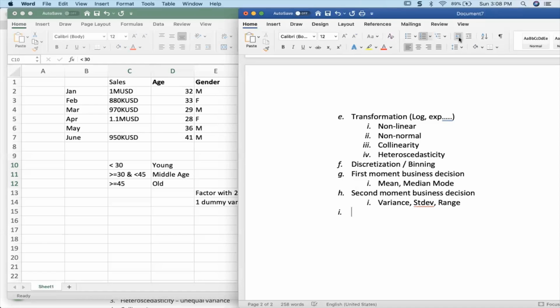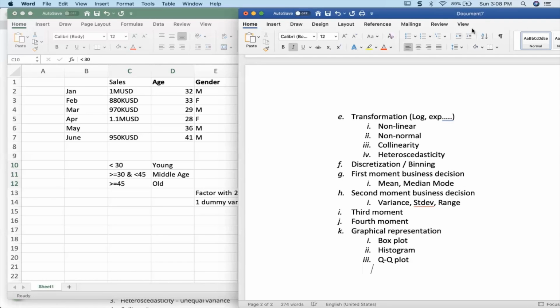Then third moment, then fourth moment, then graphical representation, in which you do box plot, histogram, QQ plot to determine normality, then scatter plot.